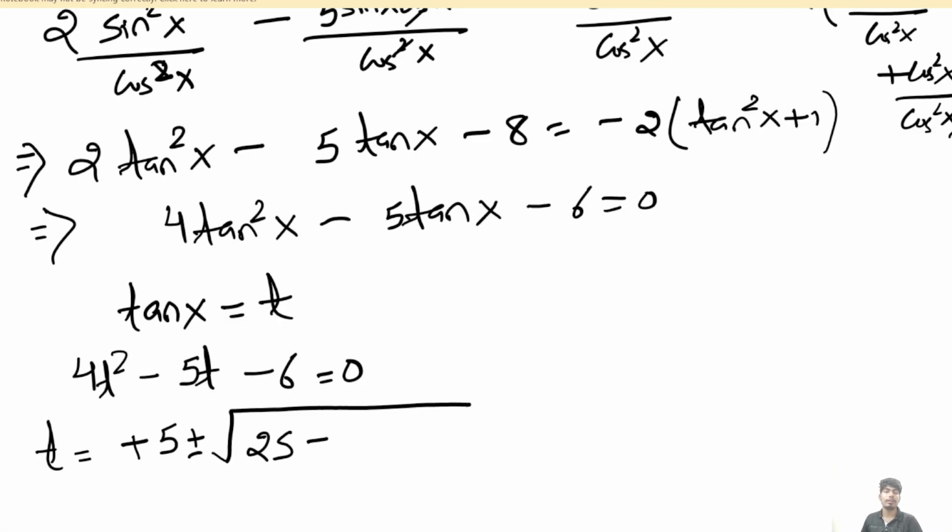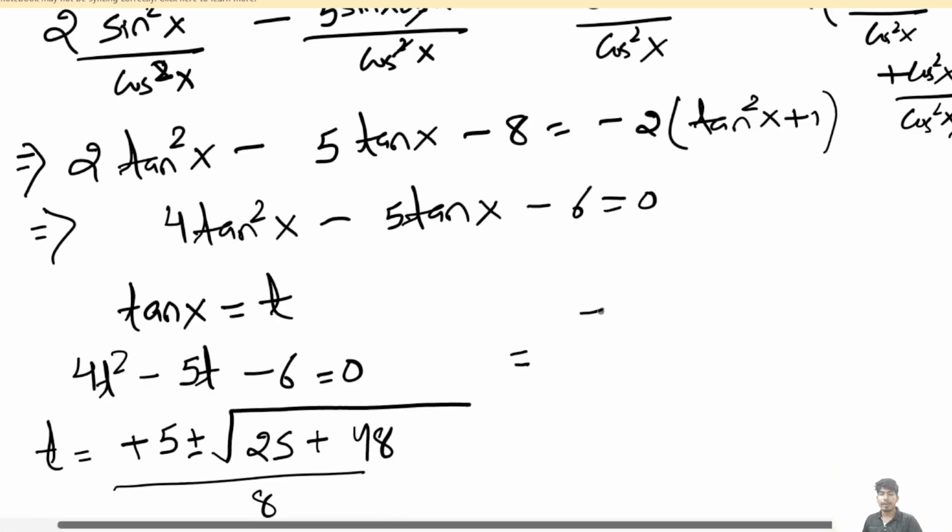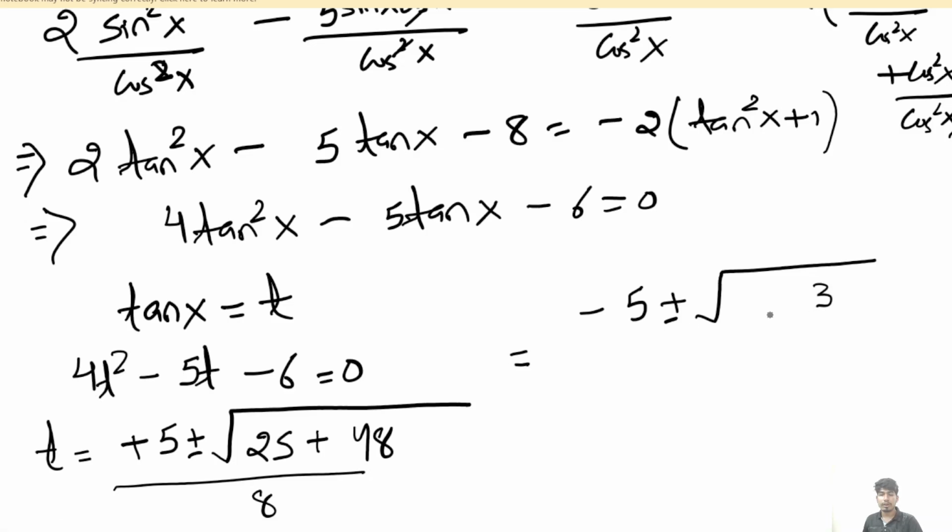Then what we get? 4ac is 6 into 4 into 2, that is 48, divided by 8. Then this becomes minus 5 plus minus under the root of 13, and this is 7.